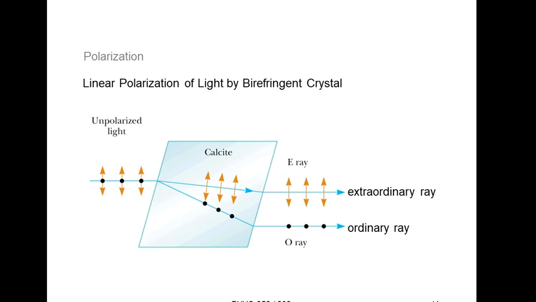If I see you in person, I'll show you a demonstration of this. It's really cool. And also, this will produce a double image. Again, I can show you this in person. If I put a piece of calcite down on, let's say, some text, and you look at the text through the crystal, you'll see two images. One formed by the ordinary rays and one by the extraordinary rays. So it's a neat effect.